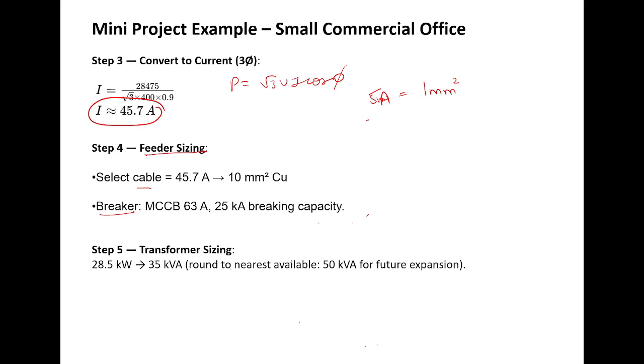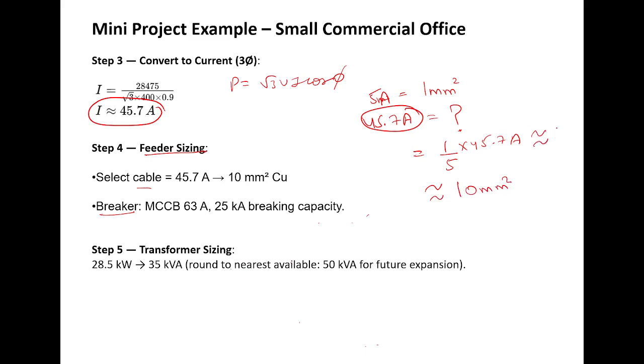Now, what will be the current value? This much amount of current will be carried by what size of cable? It will be 1 upon 5 into 45.7 amperes, so approximate value that you will get, it will be 10 square mm.